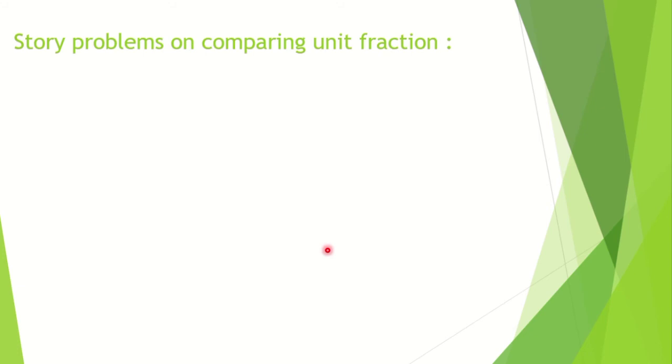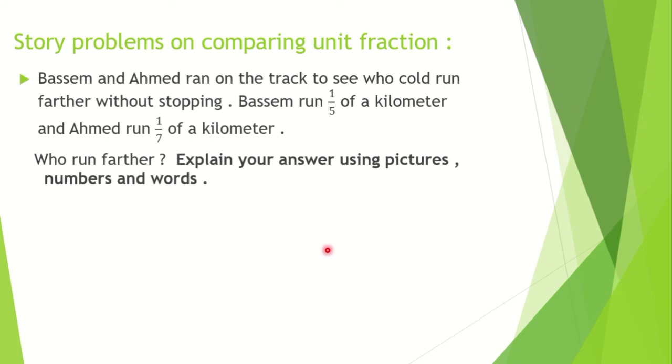Perfect, grade 3. Let's see another type of questions. Story problems and comparing unit fractions. Basim and Ahmed ran on the track to see who could run faster without stopping. Basim ran a fifth of a kilometer and Ahmed ran a seventh of a kilometer. Who ran faster? Explain your answer using pictures, numbers, and words.